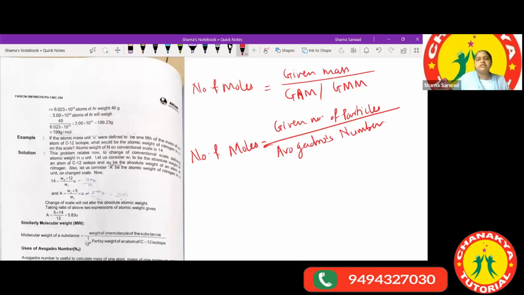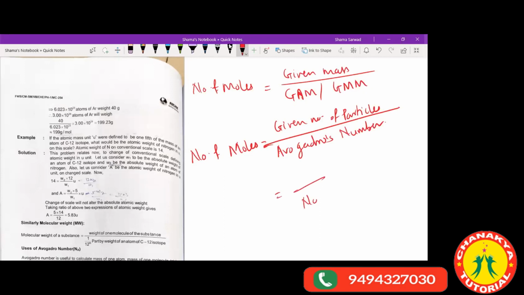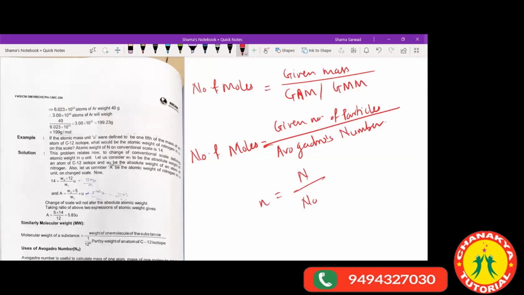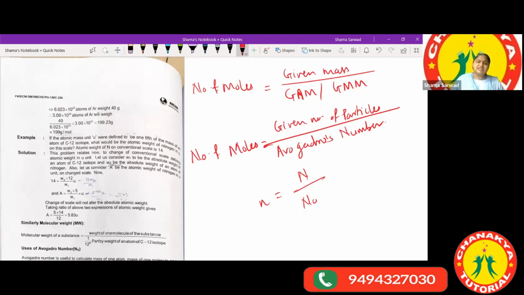The Avogadro number is denoted by N0, the given particles by N, and the number of moles by small n. If any two of these three are given, you can calculate the third. Sometimes they won't give gram molar mass, they'll just give atomic masses, and you need to calculate it.